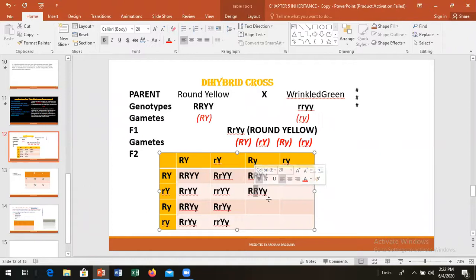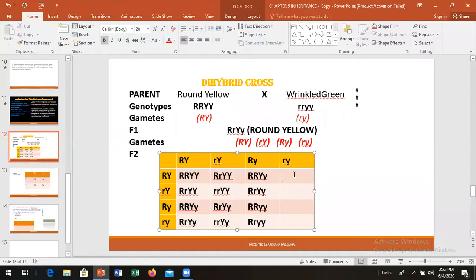The second R should be small r. Yes, it should be small r. Good. So, second R, Y. The next R, Y, R, then Y. Now coming to the small y.